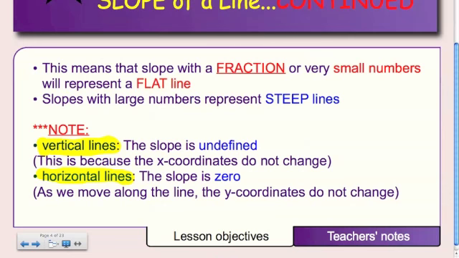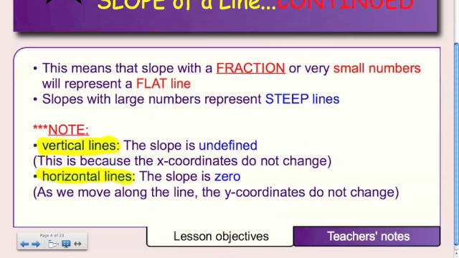So the slope, like we saw in the last example, with a fraction or very small numbers will represent a flat line, a slope that's not steep. Slopes with large numbers represent steep lines. That's a continuation of our rule. Now, what a lot of students have difficulty with, the steepness is not a problem, but what happens if you have slopes that are vertical lines, completely vertical, or when you have horizontal lines?